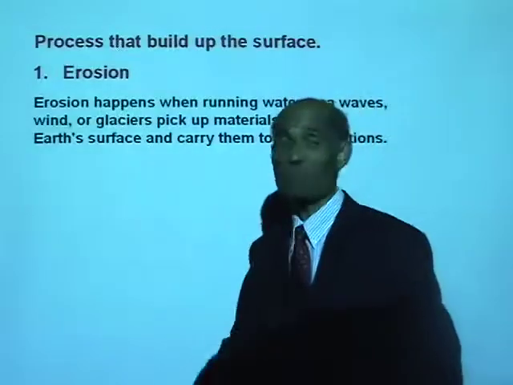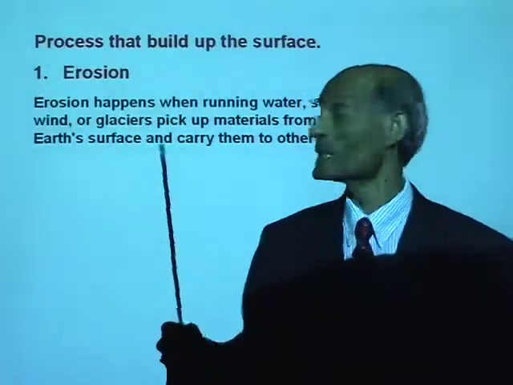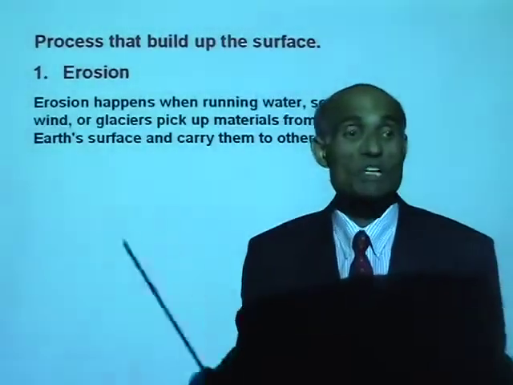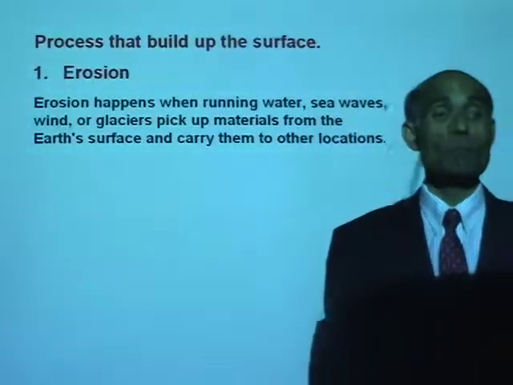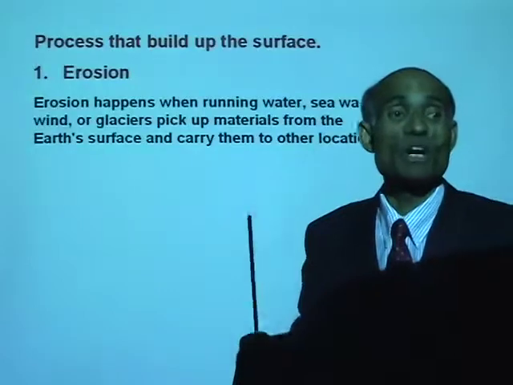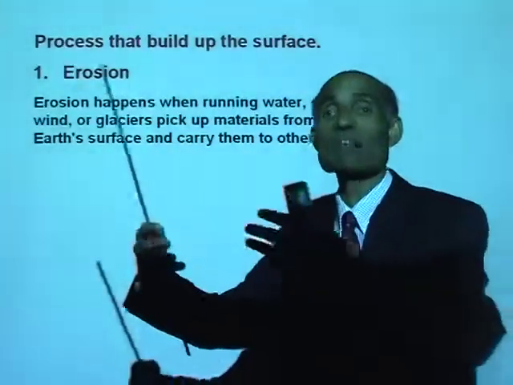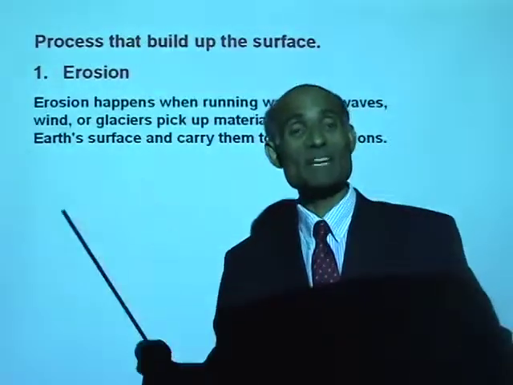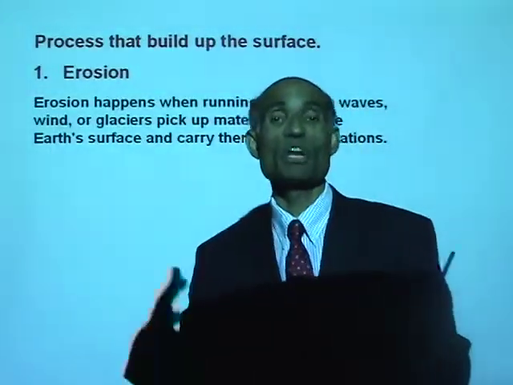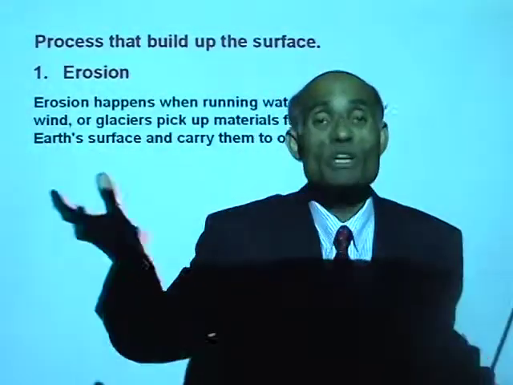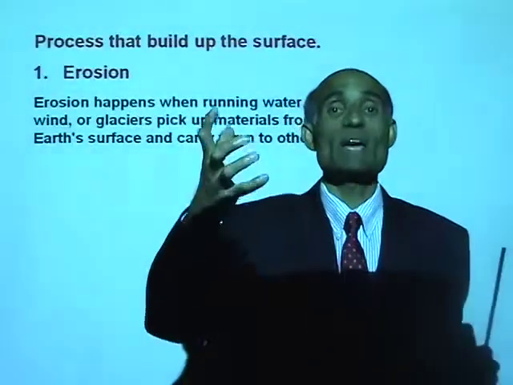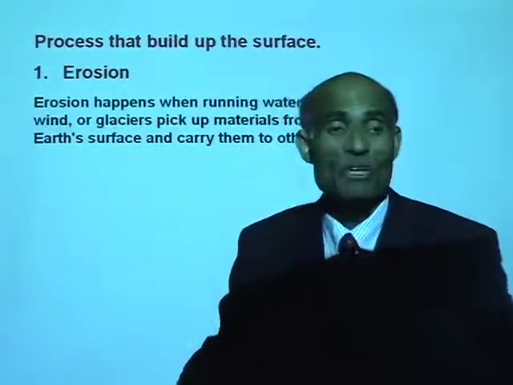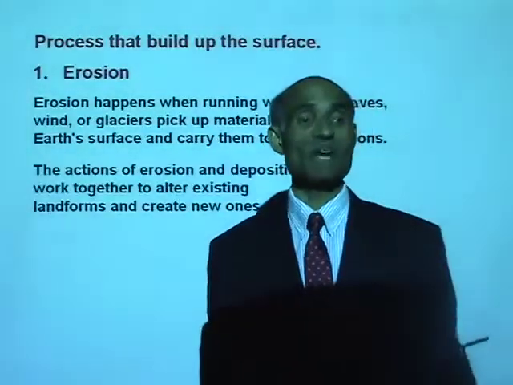Now, erosion happens when running water, sea waves, wind, glaciers, and so on pick up materials from the Earth's surface and carry them to other locations. You see, this is a process that is continuously happening. The Earth's surface gets broken down due to wind and rain, and the debris is continuously being carried from one place to another.